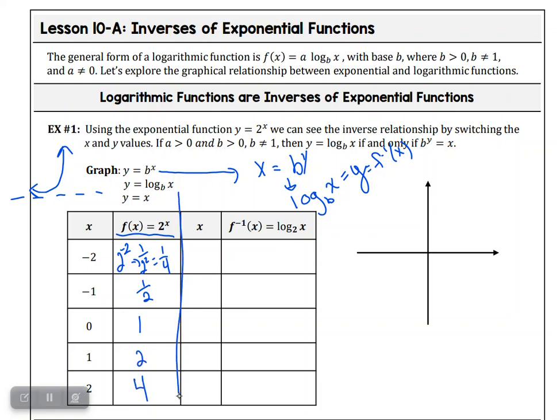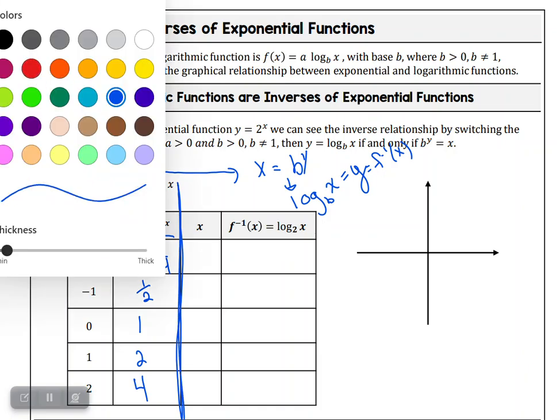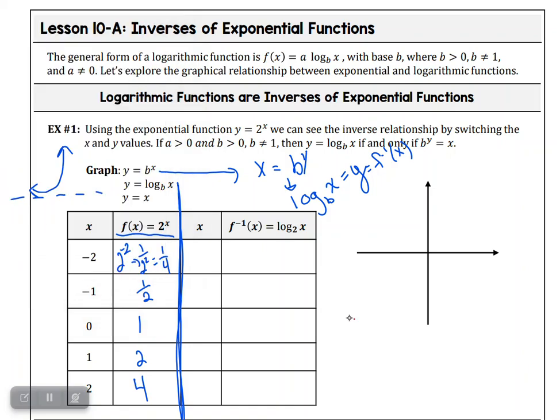Now, a couple of things. I could make a t-chart of the function and start plugging in random numbers. If I plug in, let's say, 3 for x, this doesn't really make much sense. If you plug it in your calculator, you get a weird decimal.